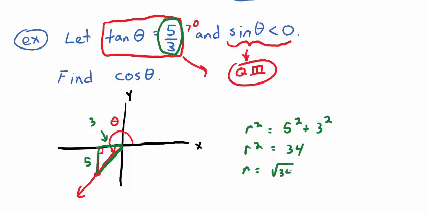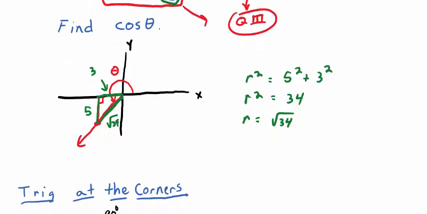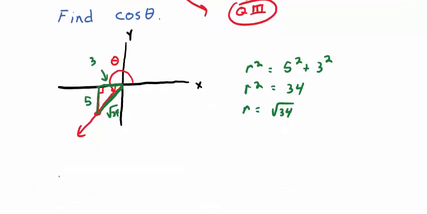And by the way, R is always positive. We consider the length of the hypotenuse a radius, and so it's always positive. So in this triangle, root 34 is the length of the hypotenuse. Okay, so we want to find the cosine of theta. So let's think about the CAH part of SOHCAHTOA.